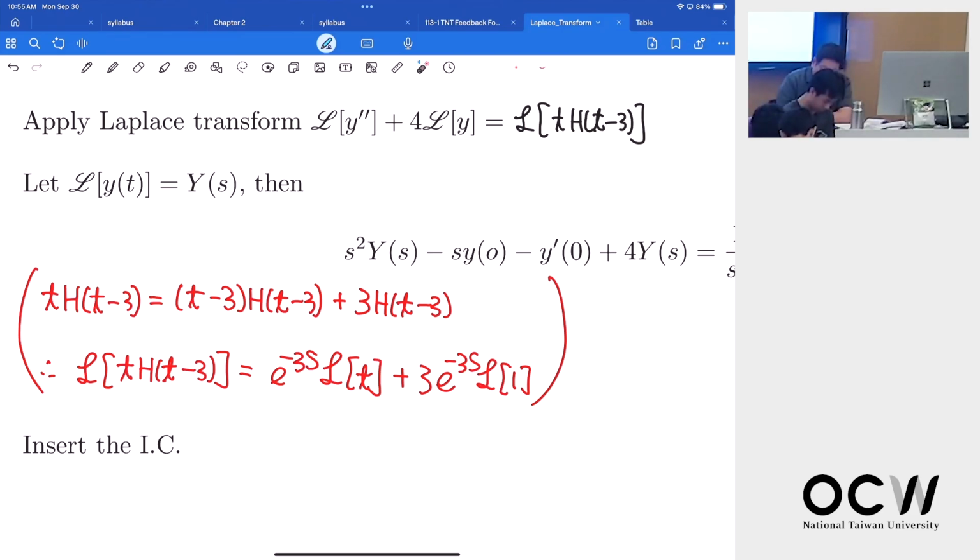And then we can plug in the initial conditions into equation 3.2.